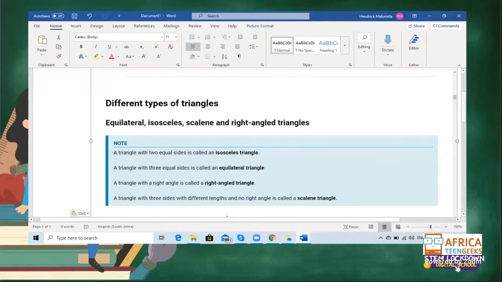The last one is known as a scalene, and we've also defined it as a triangle with three sides which are not equal. In other words, you'll have different lengths of all the sides of your triangle. Such a triangle is known as a scalene.